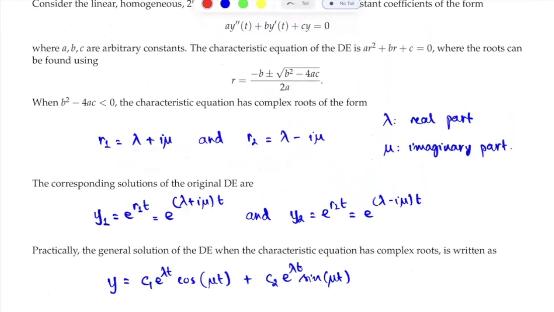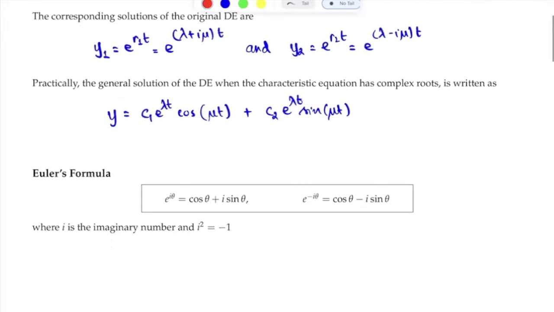And also from y1 and y2 here, how could we get the general solution? So in order to go from this step of e to the lambda plus or minus i mu times t to this general solution, I'm going to show you the procedure, and in order to go through the procedure, I need to introduce to you Euler's formula.